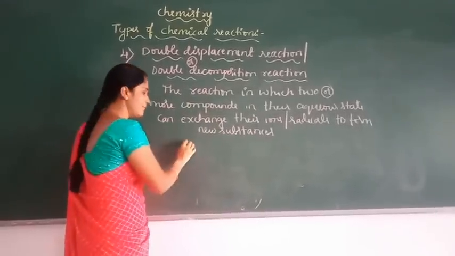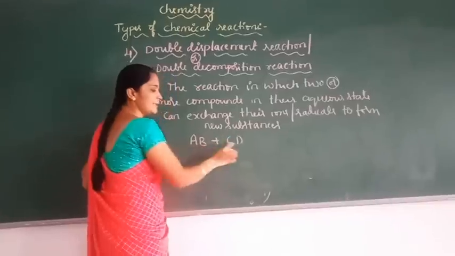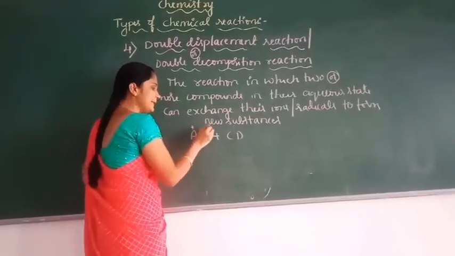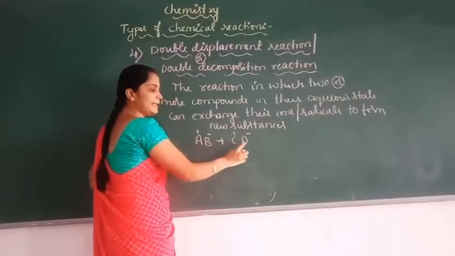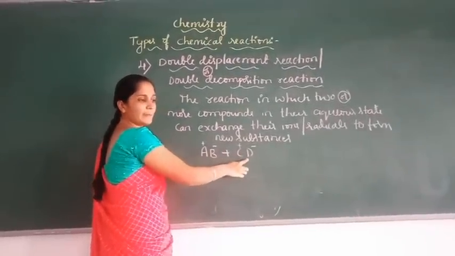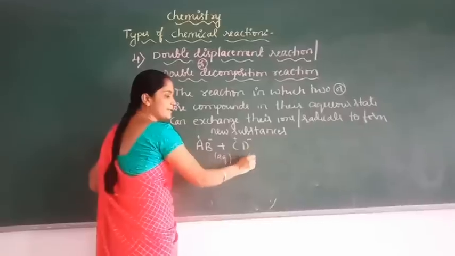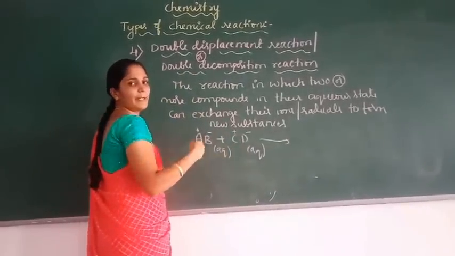For example, AB and CD. AB and CD are two substances. So here A plus B minus, C plus D minus. They are in aqueous state and can exchange their ions to form new substances.